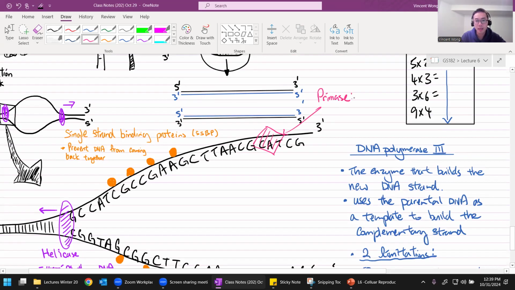Okay, so the function of primase is to build a short RNA primer such that DNA polymerase 3 can build upon it.